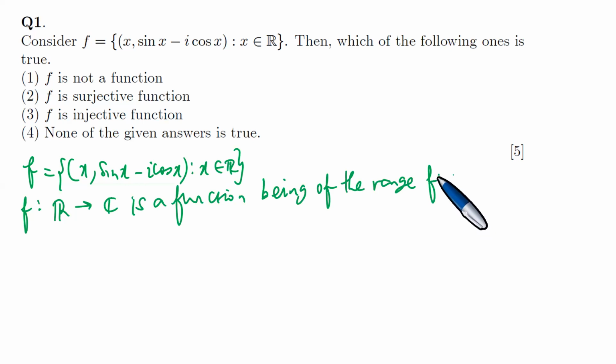The range associated with this function contains certain complex numbers that have certain properties. Like if you take this complex number, and you square these, what do we get out of these here?